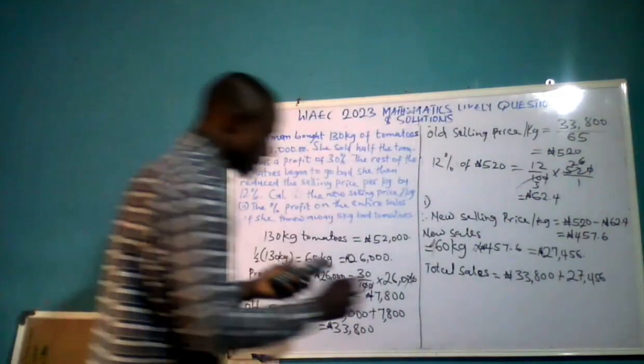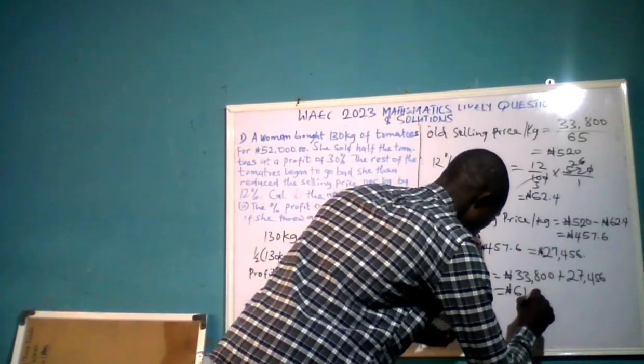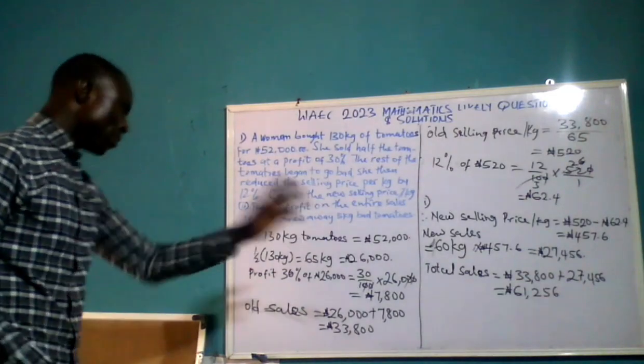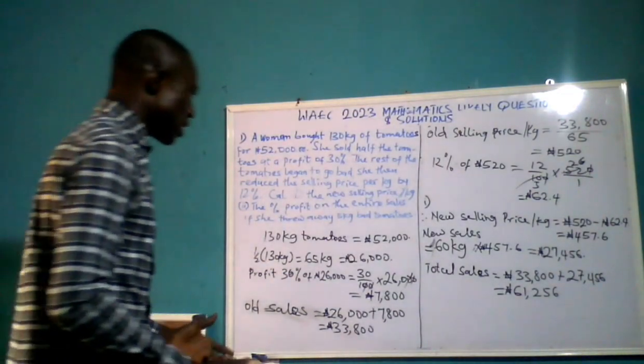You have 61,256 naira. If this is the total sales, now we have to look for the percentage profit on the entire sales, and what will that be?